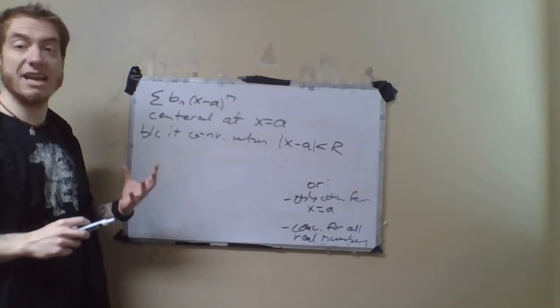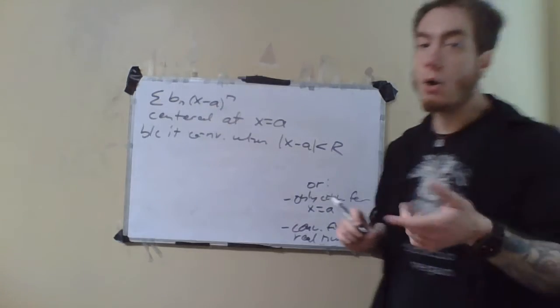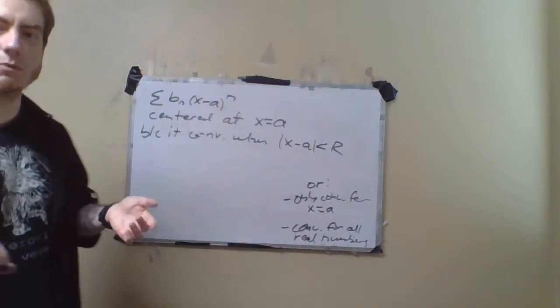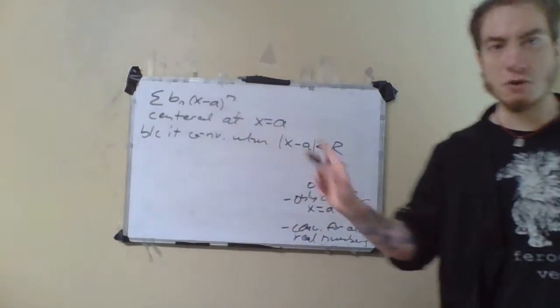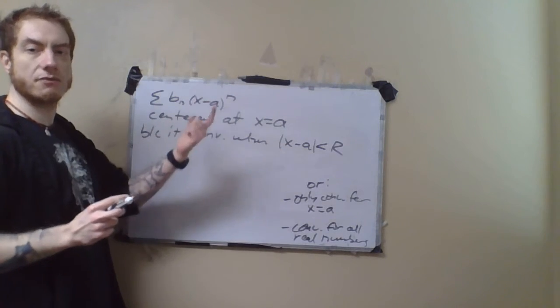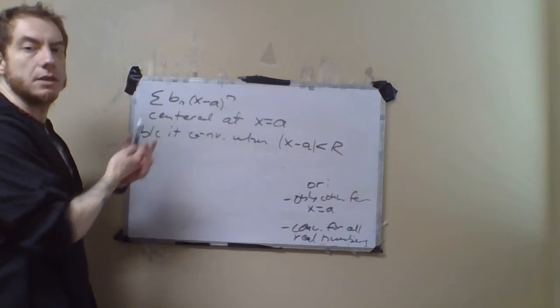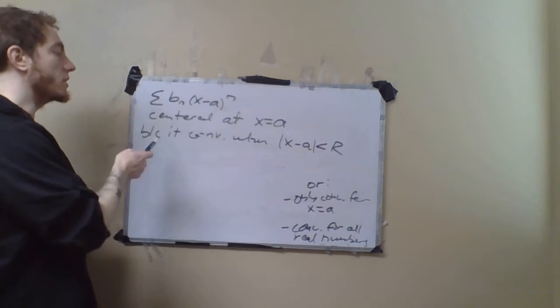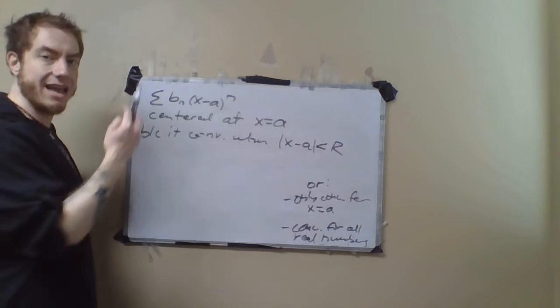Now, this r depends upon the series. You have to figure it out by using the ratio test or the root test. Like I said, you can do this with the root test too in a lot of cases. The root test will give you this same kind of thing. But because of this, the interval where you get convergence has a as its midpoint. So for that reason, we say it's centered at a.